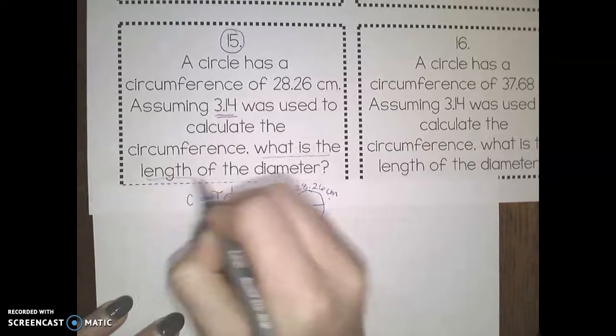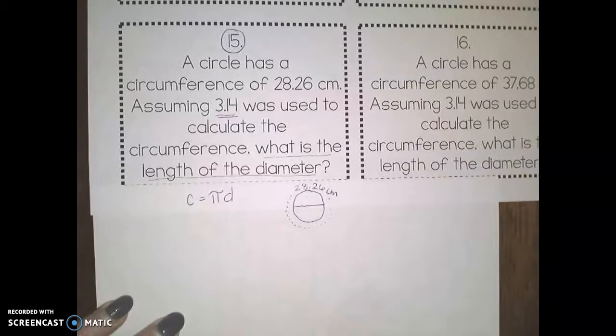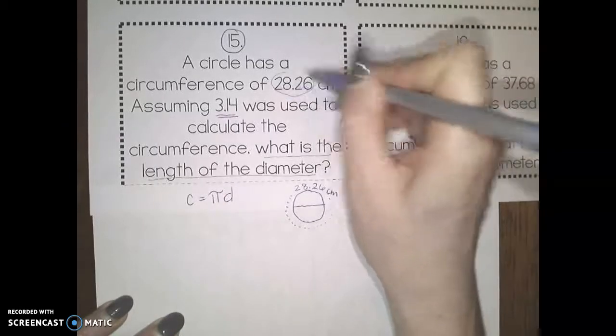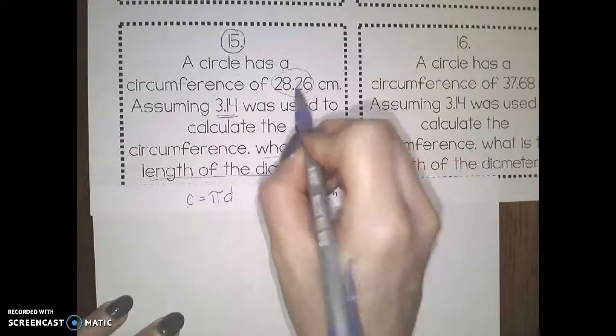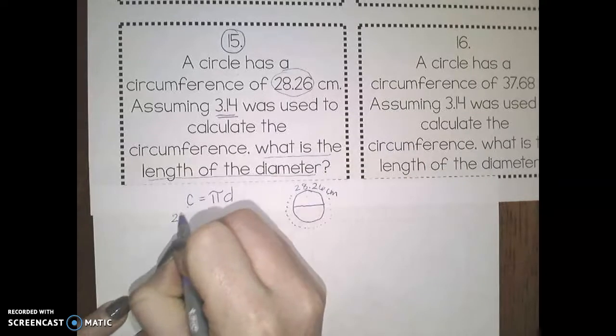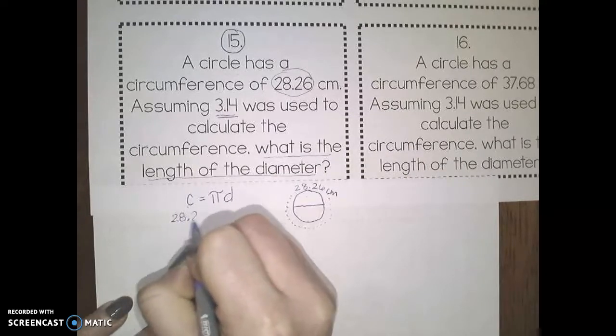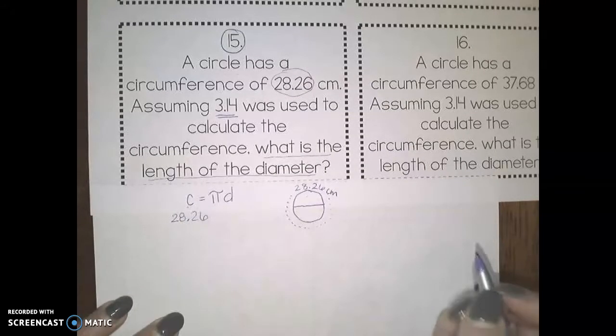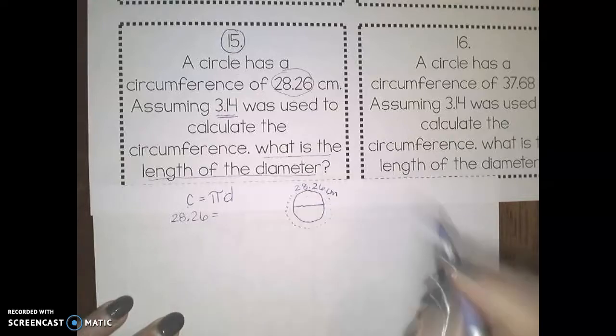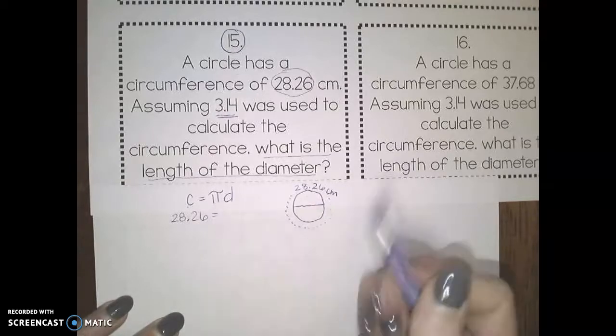What is the length of the diameter? So I know the circumference, which is letter C, is 28.26. So I'm going to replace C with 28.26. And it told me to use what for pi, guys?